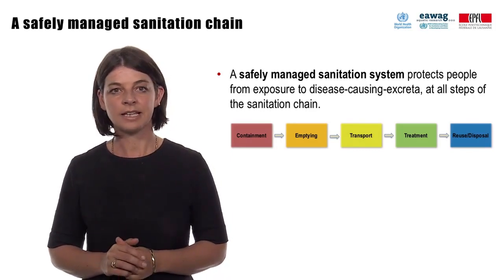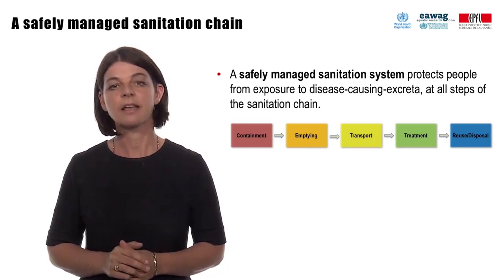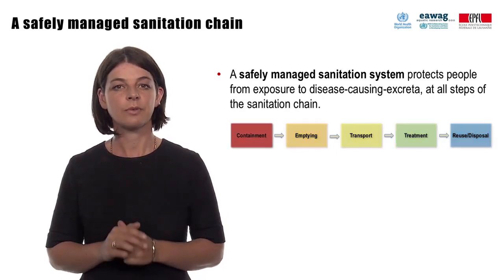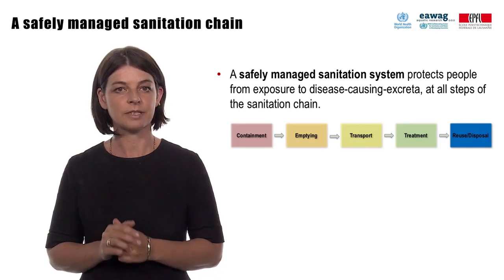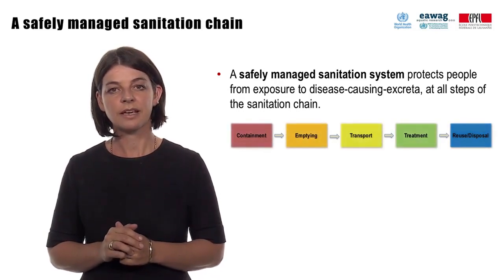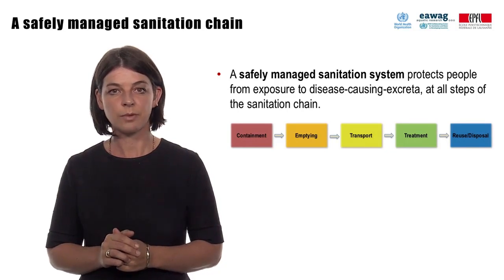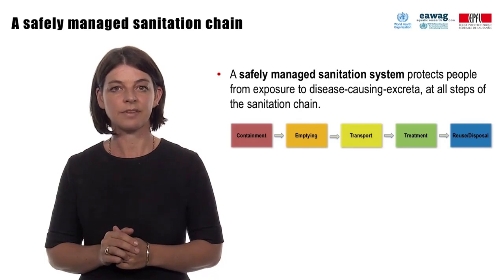A safely managed sanitation system prevents exposure to disease-causing excreta at all steps of the sanitation chain, from containment through emptying, transport, treatment, and to disposal or reuse. It can be used together with Excreta Flow Diagrams, or SFDs, shown in the previous module, to make sure that excreta reaches safe rather than unsafe endpoints.